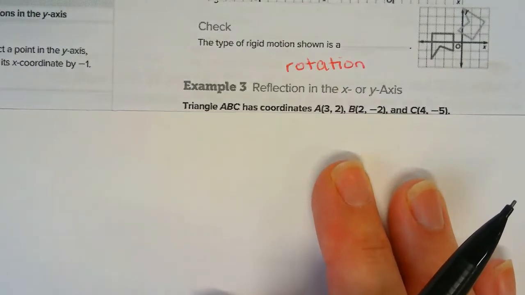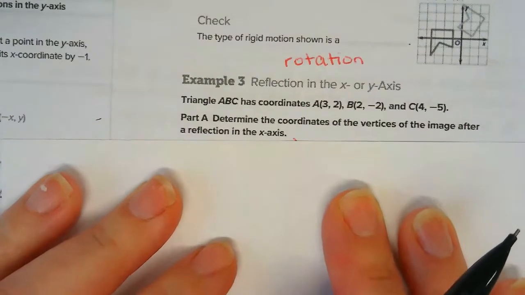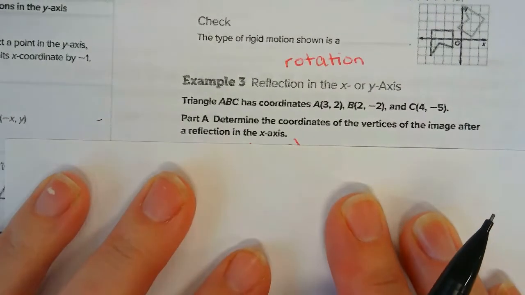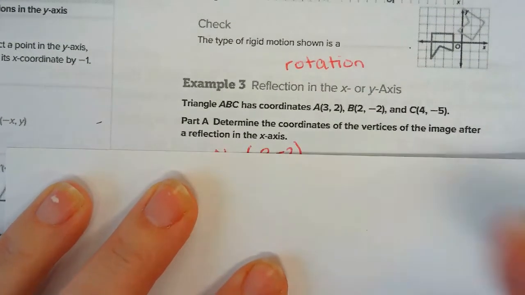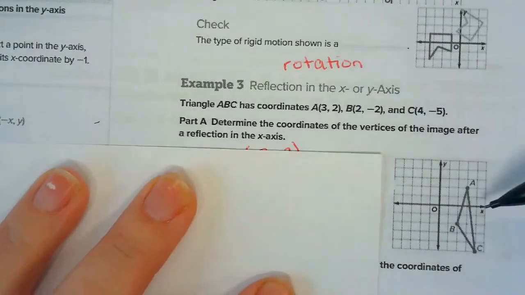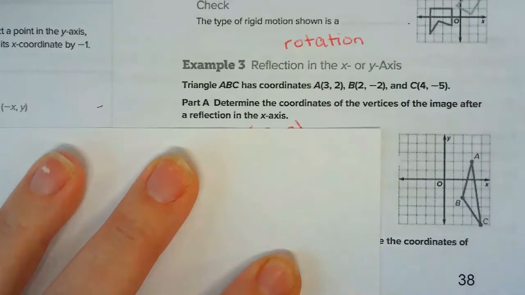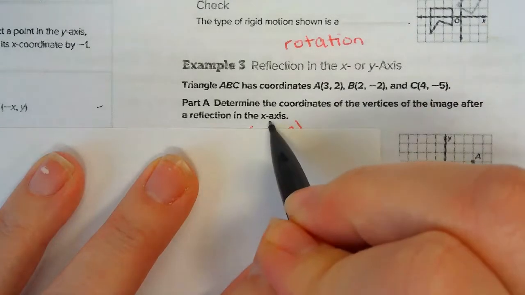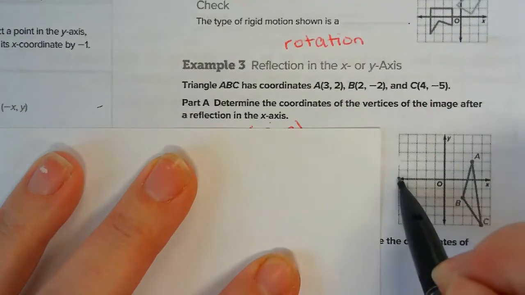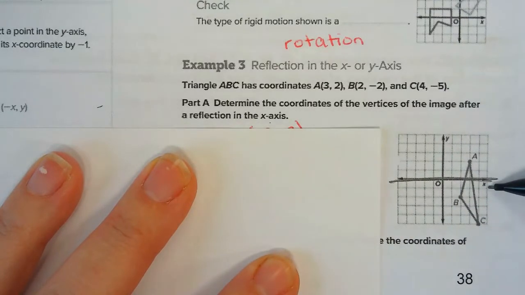Example number 3 is where we're going to practice doing a reflection. We are just going to practice reflecting across the axes. So the first thing I did was I took these points and made sure they were plotted over here in your picture. What you want to do is find whatever the axis is that you are reflecting across. So this is the x-axis, and if you forget, it is labeled in your picture.